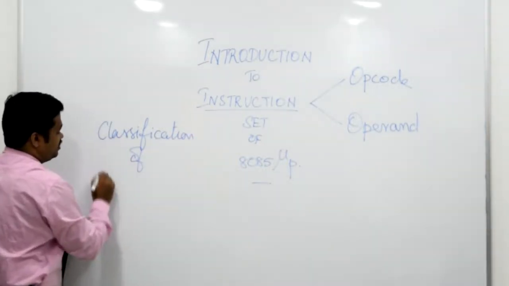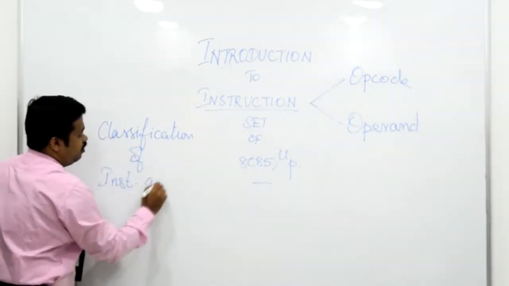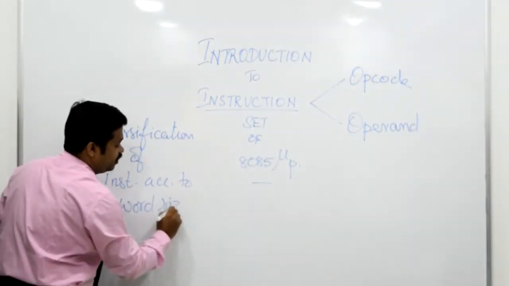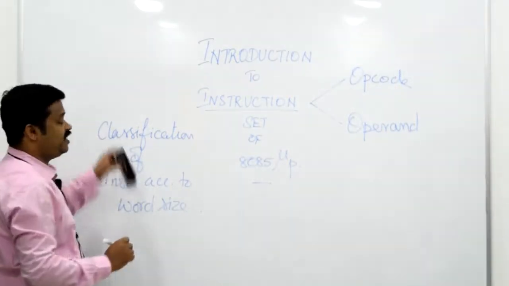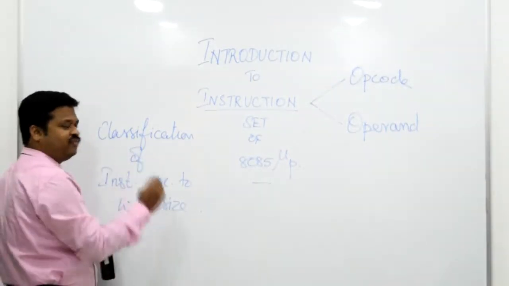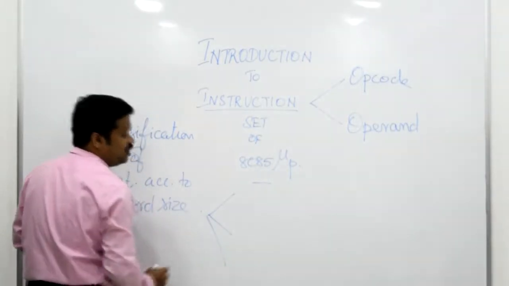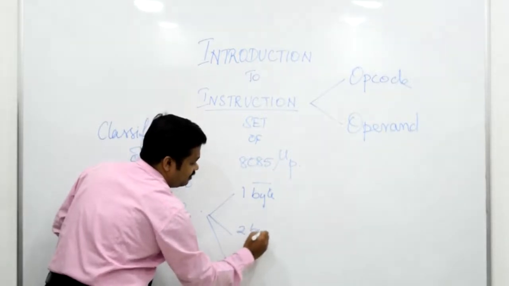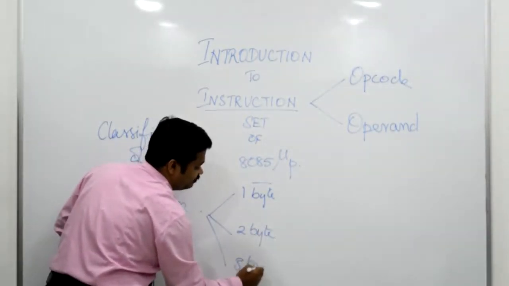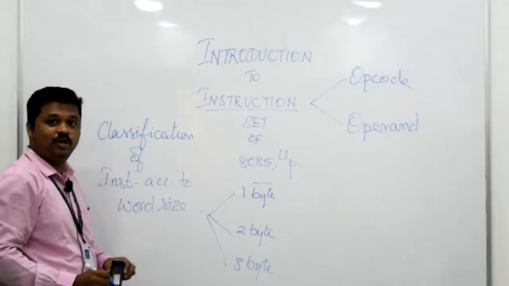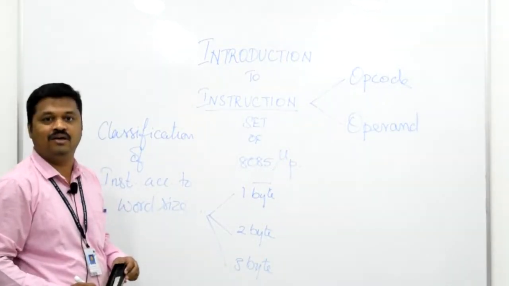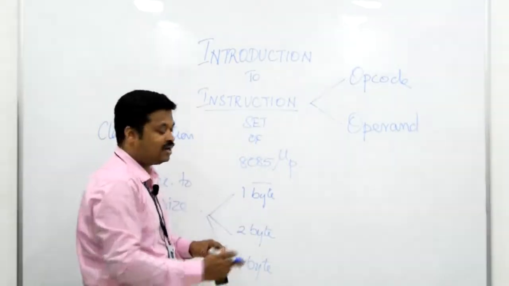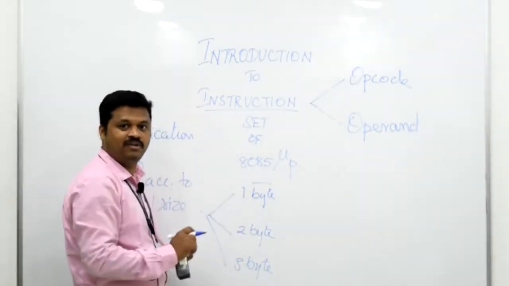You know what a word is now. For classification of instructions according to word size, you have 3 major classifications, very simple to remember: 1 byte, 2 byte and 3 byte. 1 byte instruction, 2 byte instruction and 3 byte instruction. Now, which instructions come under the category of 1 byte, which come under 2 byte, and respectively 3 byte?